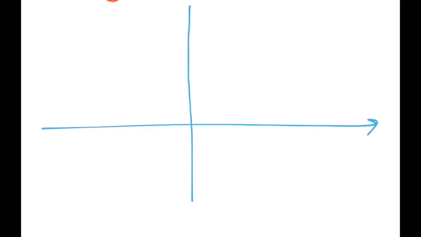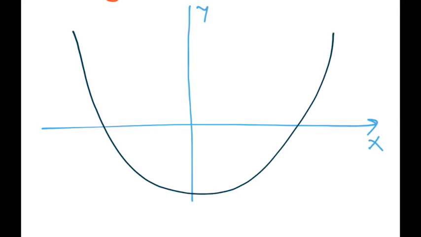Okay, so as we saw, the quadratic curve looks like this. This is x, this is y. Let's talk about those three use cases again. The first one is this, where it intersects the x-axis at 2 points.